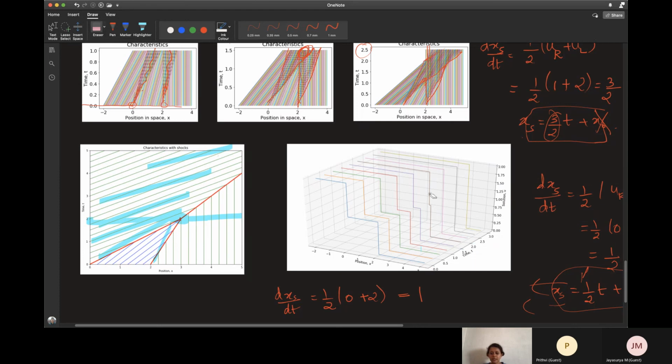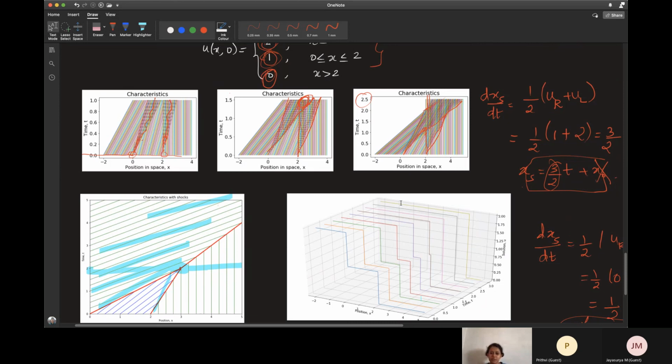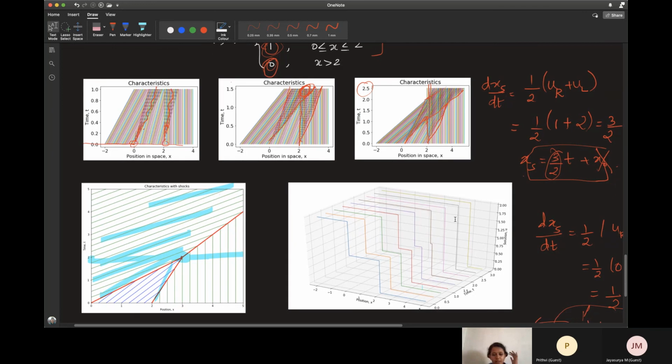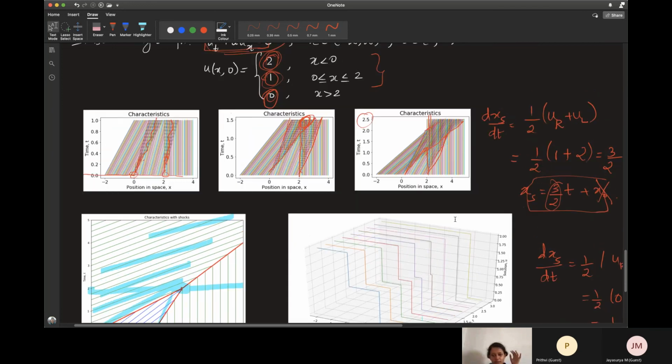So can I give some exercise, such an exercise where you have to code and see the shock, you have to code and get the picture of characteristics and get the solution? Is it okay to give such an exercise? Yes, ma'am. Okay. So I'll give you some kind of a similar exercise.